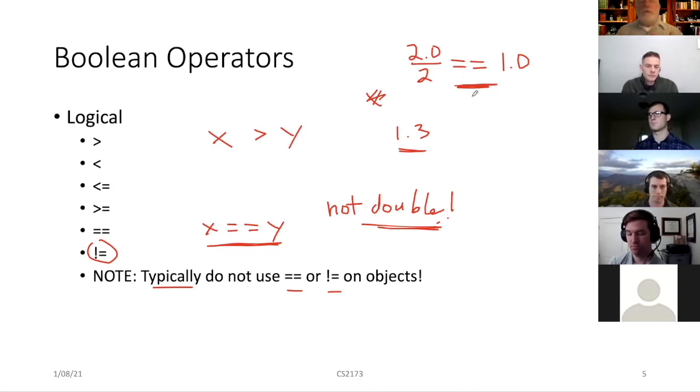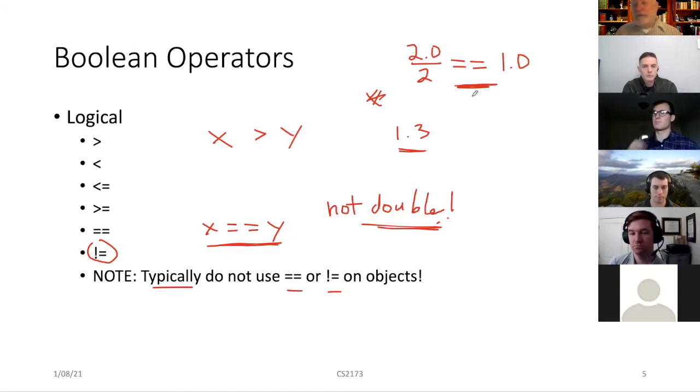What you should do in a case like that, if I'm comparing doubles, is use a level of precision, some kind of epsilon, that says if I have two doubles that are different by no more than 10 to the minus 10 or something like that, then I'll consider them to be equal.